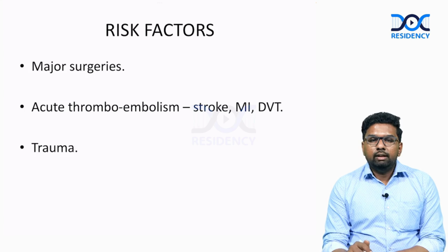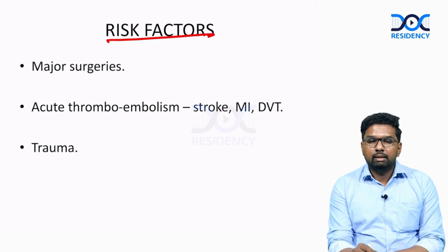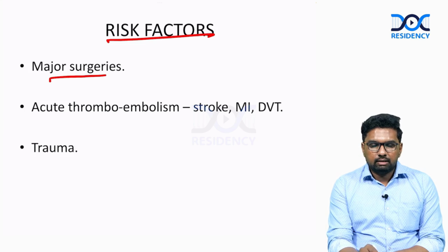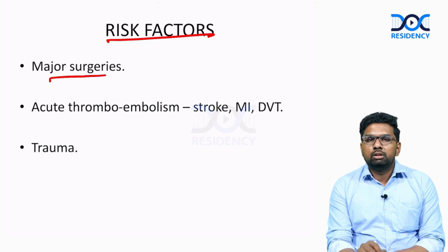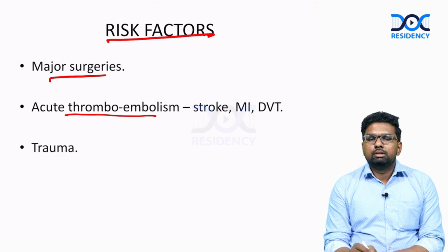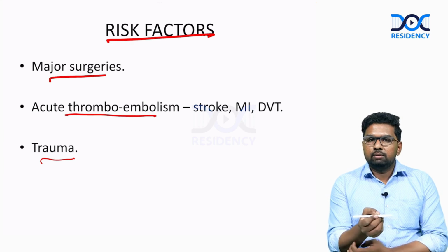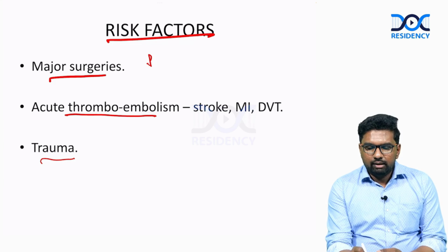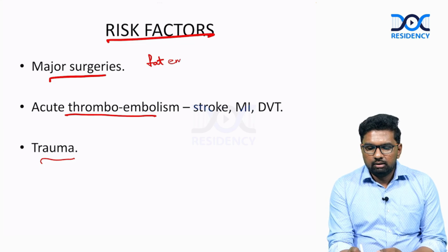So the risk factors for pulmonary embolism are major surgeries like a long bone surgery in orthopedics, even cardiac surgery, and acute thromboembolism and trauma. Because in major surgeries, in case of ortho surgeries, fat emboli is common.